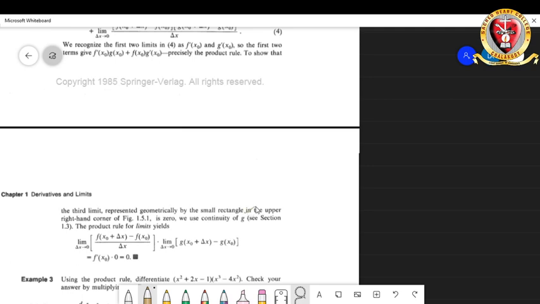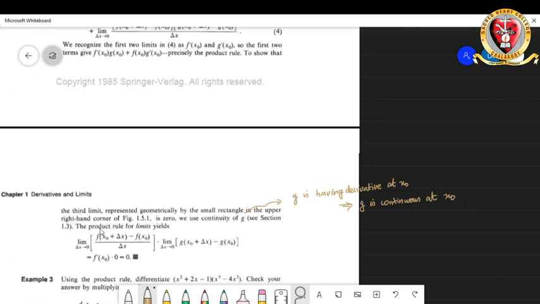Here it is said that g is continuous. Why? Because g is having a derivative. Having a derivative will mean that g is continuous at x naught. We had proved that this implies g is continuous at x naught.